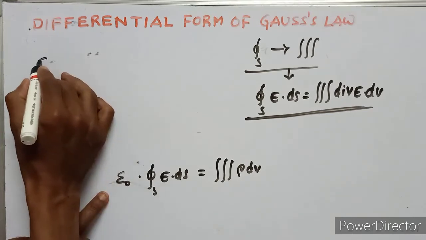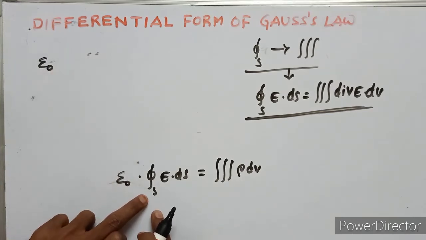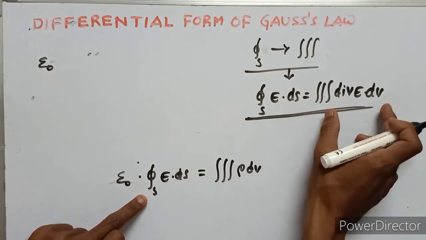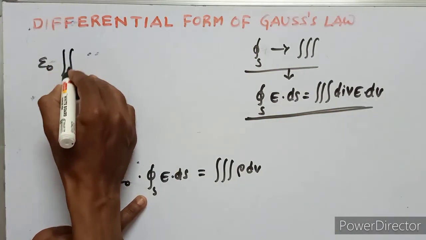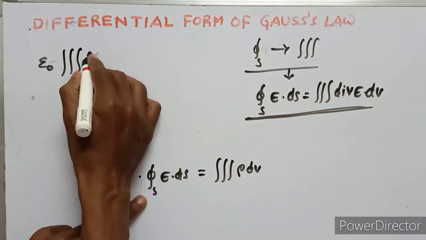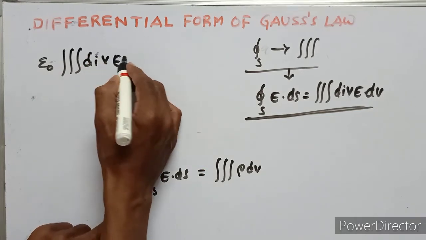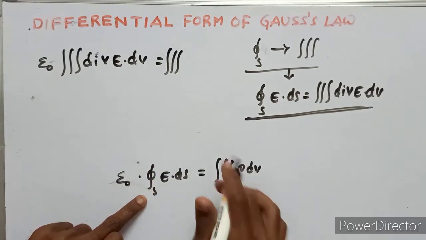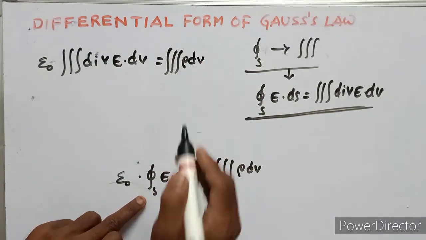Okay, from these two equations, epsilon naught closed surface integral E dot ds is equals to volume integral of div E dV is equals to volume integral of rho dV.